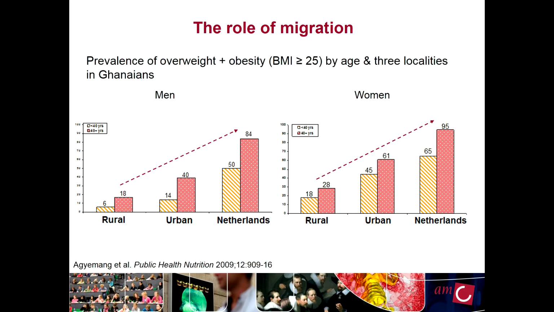And both the men and women saw this very steep increase from rural to urban to the Netherlands, with particularly very high rates of overweight and obesity among Ghanaians living in the Netherlands, up to 95% among Ghanaian women aged over 40 years old living in Amsterdam.